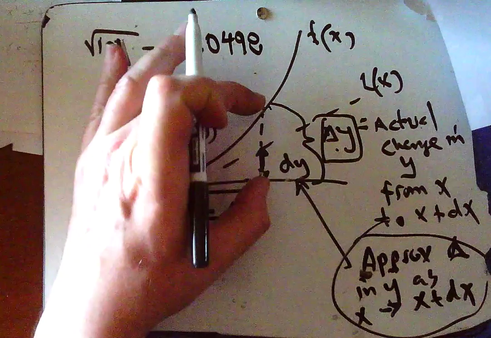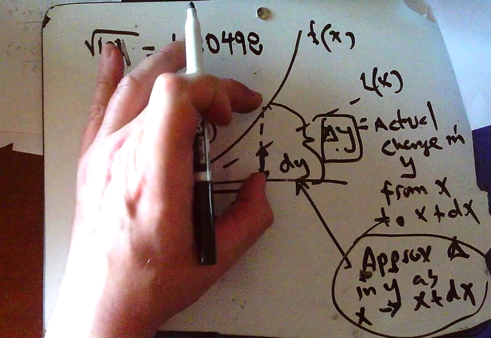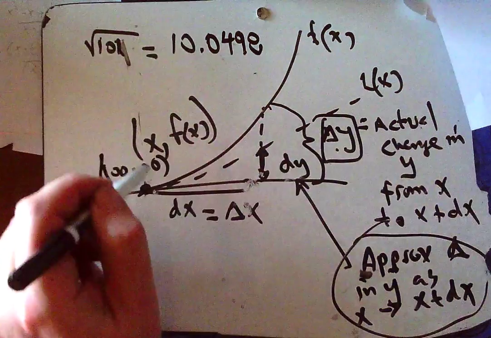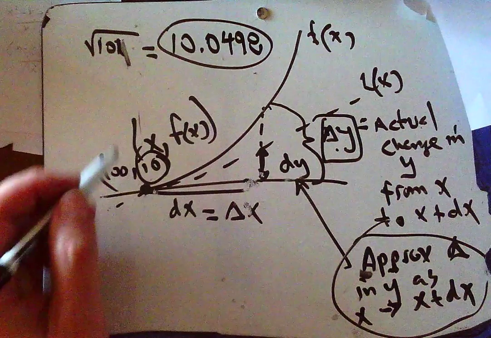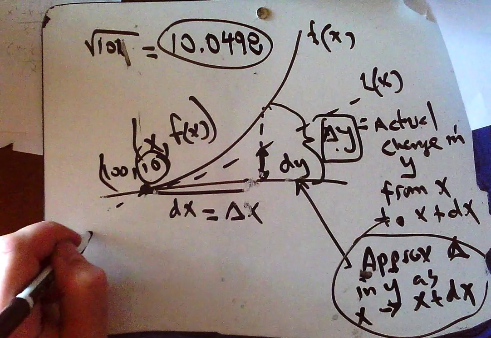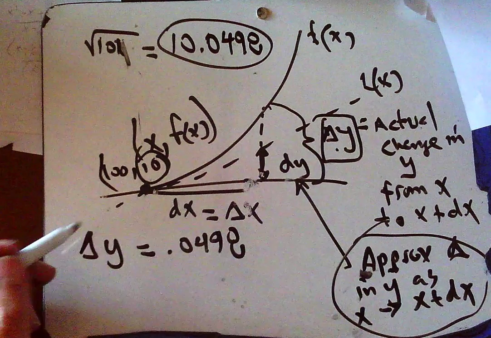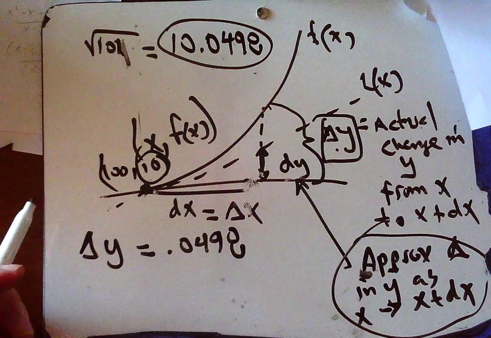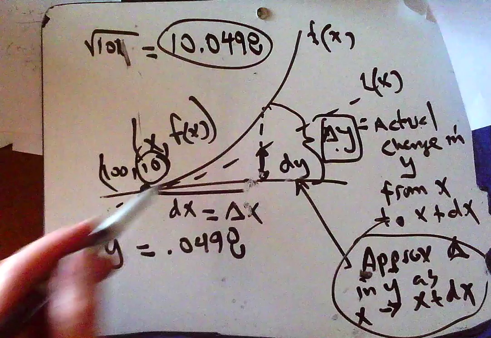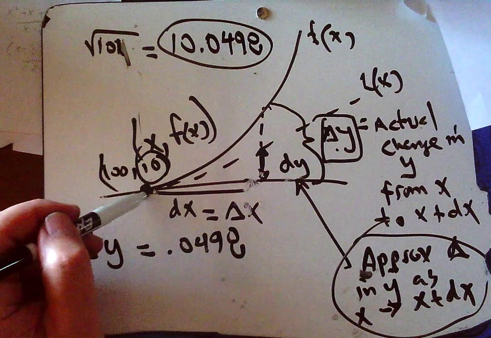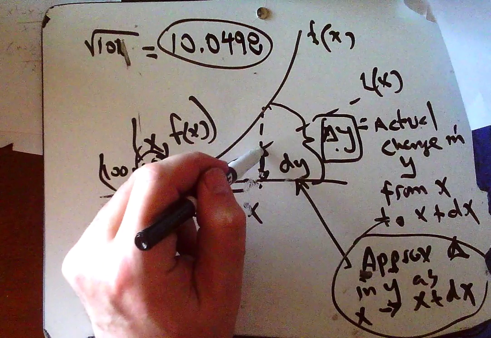And so this amount is the actual change. And the actual change as we go from 10 to 10.0498 is delta y equals 0.0498. But when we used the tangent line approximation, remember us building the tangent line at the curve and plugging in 101 into the tangent line.